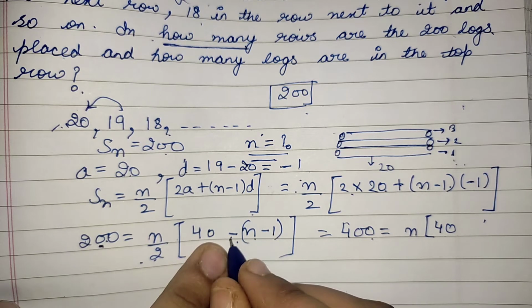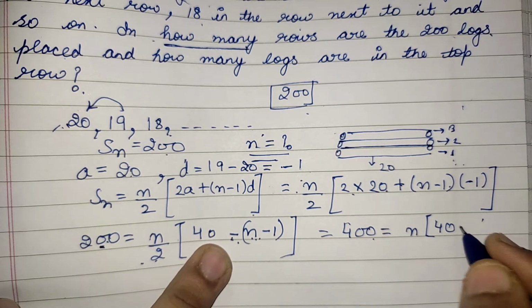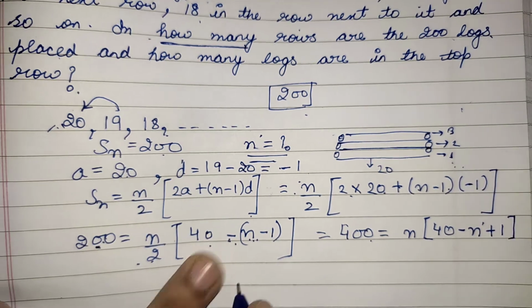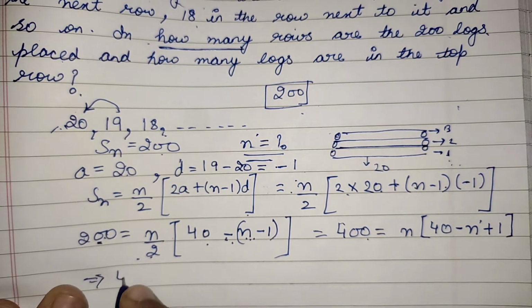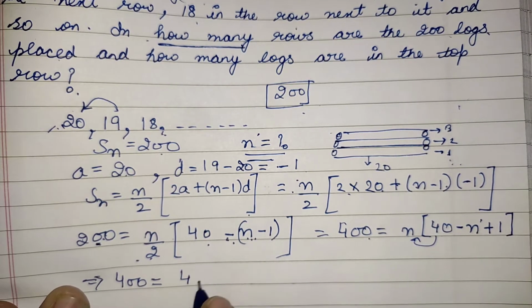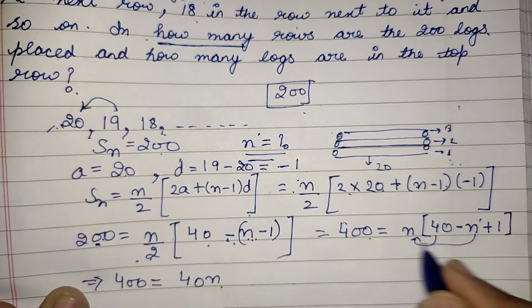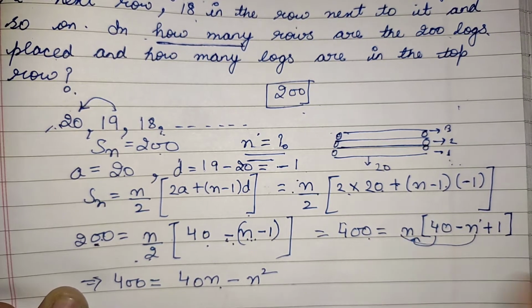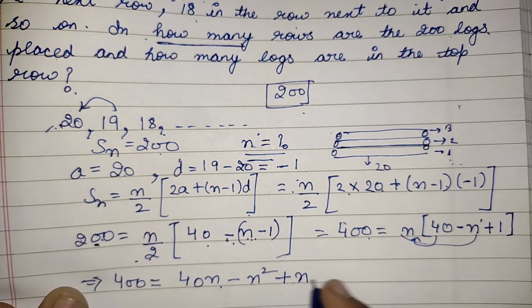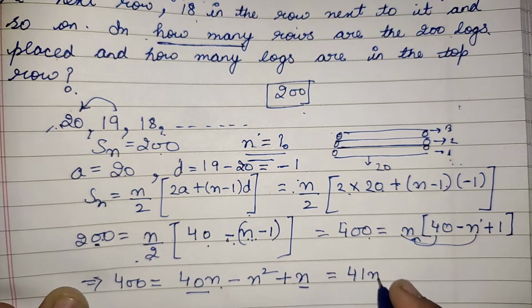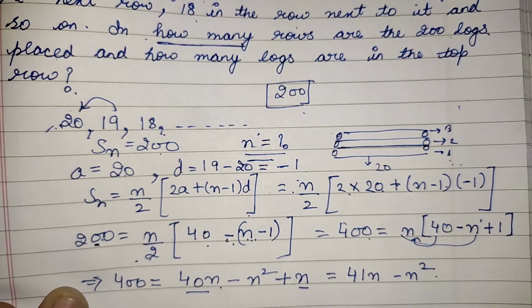Because of this minus sign, when I open the bracket, I will get minus n and plus 1. So 400 is equal to 40n minus n square, and then this 1 will be multiplied by n, so it will become n. So 40n plus n will be 41n minus n square.